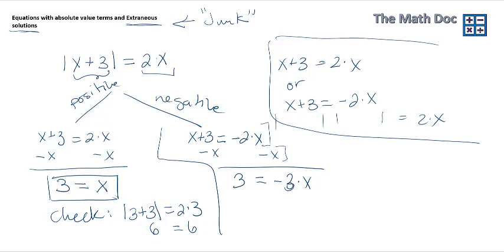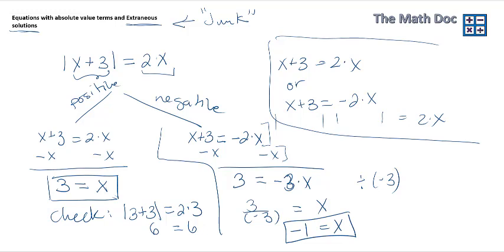So we have altogether negative 3x. Let's divide both sides by negative 3. So on the left-hand side, we get 3 divided by negative 3, and on the right-hand side we just have x because we divided out the negative 3. 3 divided by negative 3 is negative 1, so we have x equals negative 1.